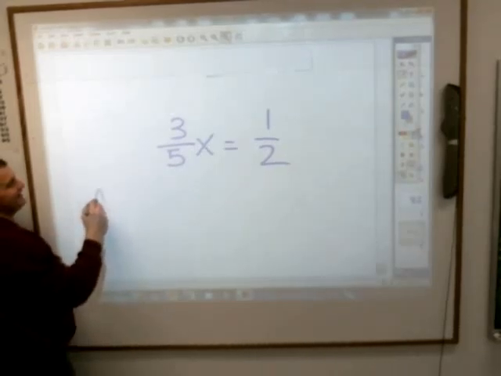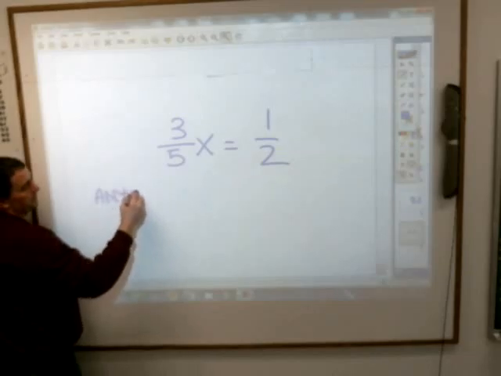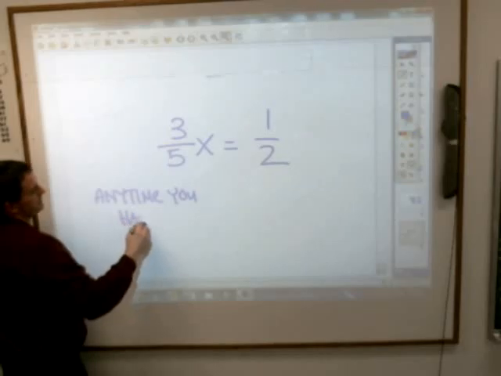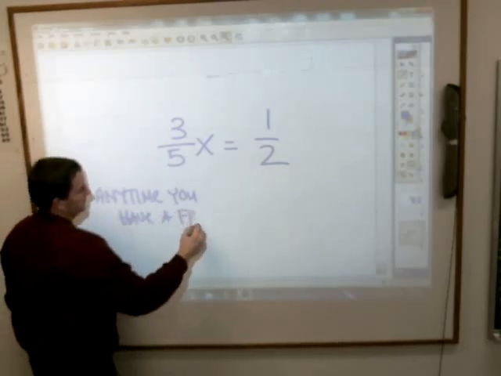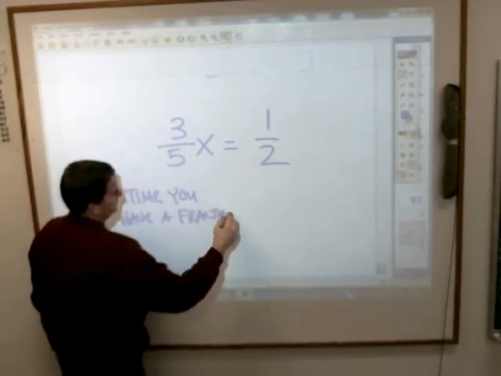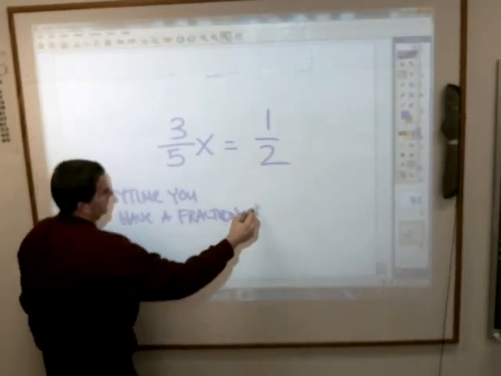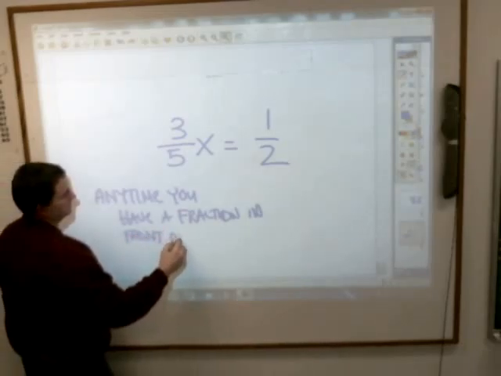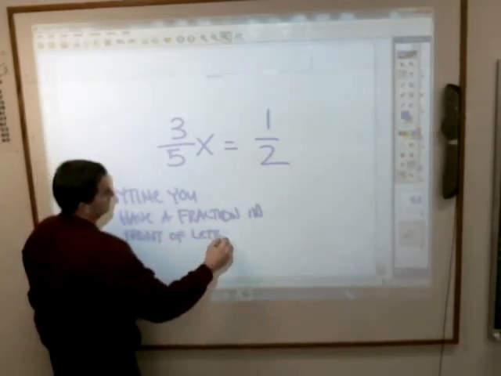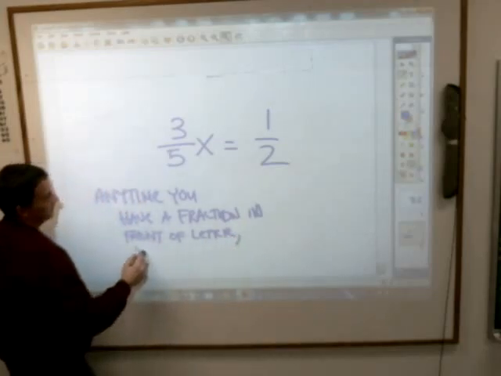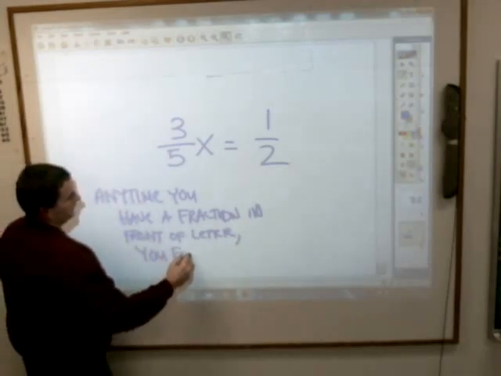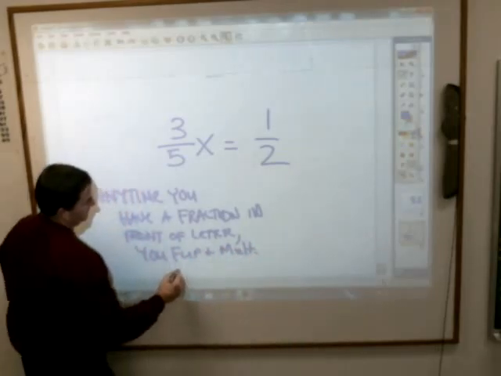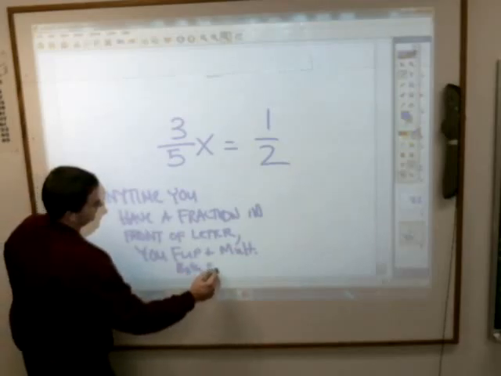Write this down. Anytime you have a fraction in front of the letter, comma, you flip and multiply both sides.